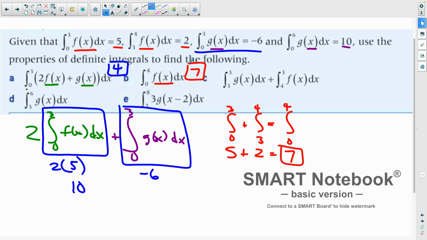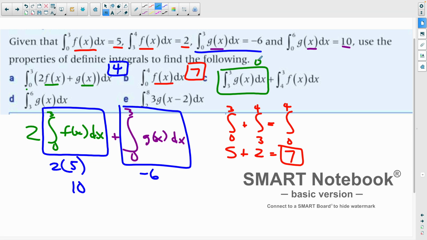All right. Everybody okay so far? Yes, sir. C is kind of weird. Take a look at the first part of C. What do you notice on that one? The first part is 3 to 3, so it's equal to 0. I haven't moved anywhere on this one, so no area has taken place. I went from 3 to 3. What do you notice about this one?